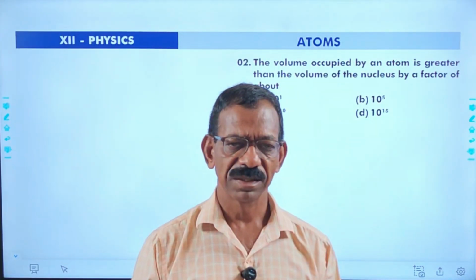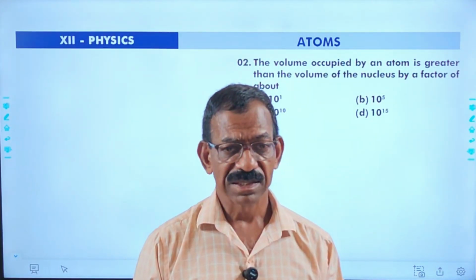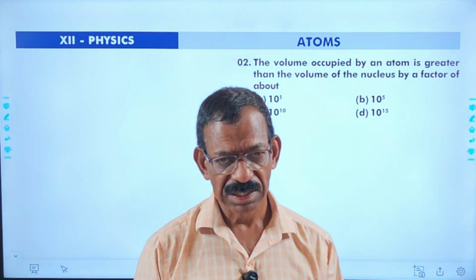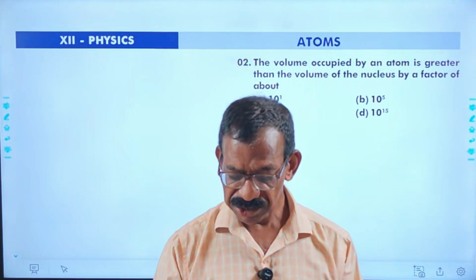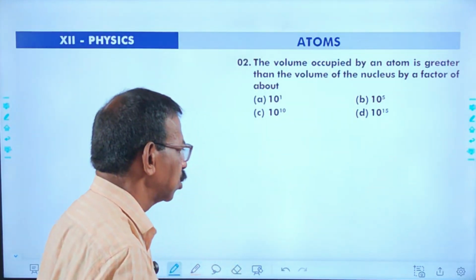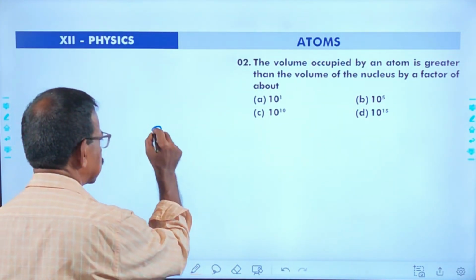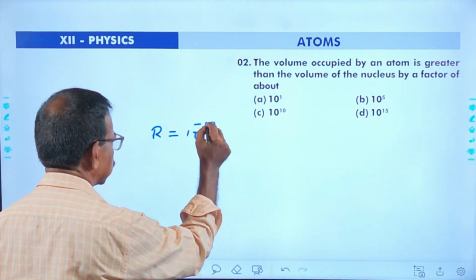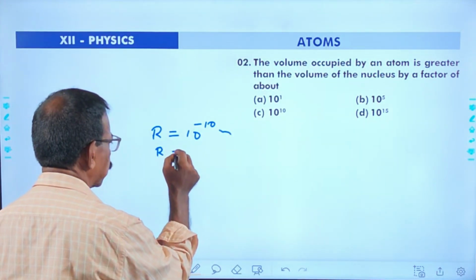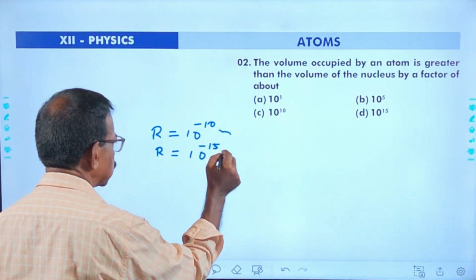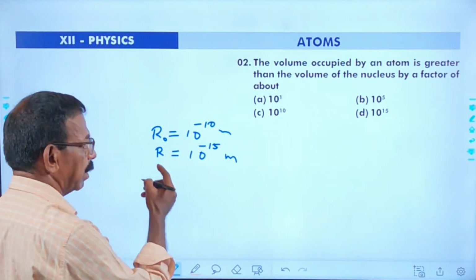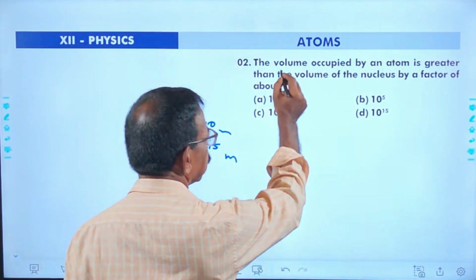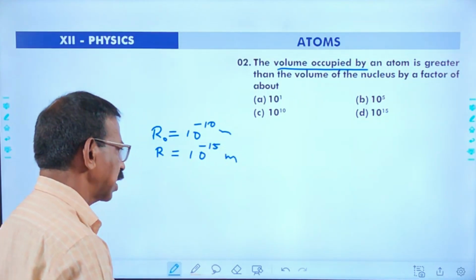Now the second question. The size of the atom is to be compared with the size of the nucleus. As you know, the size of an atom is of the order of 10 raised to minus 10 meter, and the size of the nucleus is of the order of 10 raised to minus 15 meter. We have to compare the volume occupied, not the size.